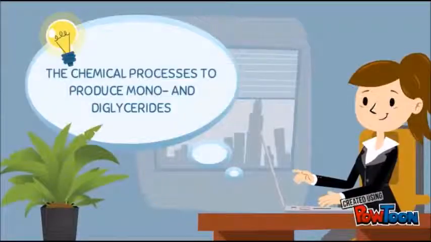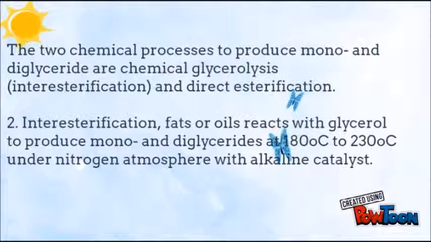Now, I would like to talk about the chemical processes to produce mono and diglyceride. The two chemical processes to produce mono and diglyceride are chemical glycerolysis, which is known as interesterification, and direct esterification. For the process of interesterification, fat or oils react with glycerol to produce mono and diglyceride.